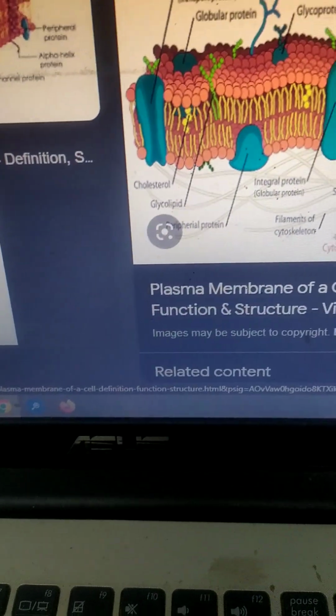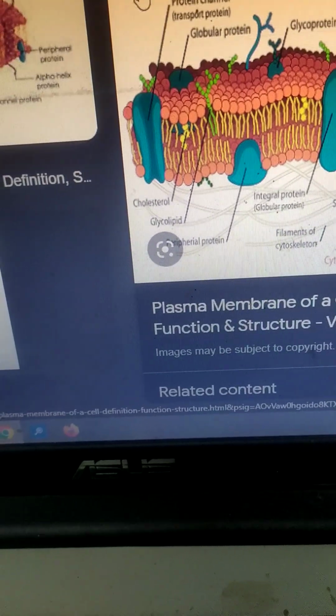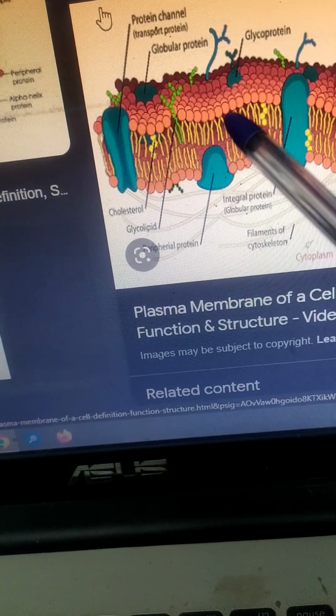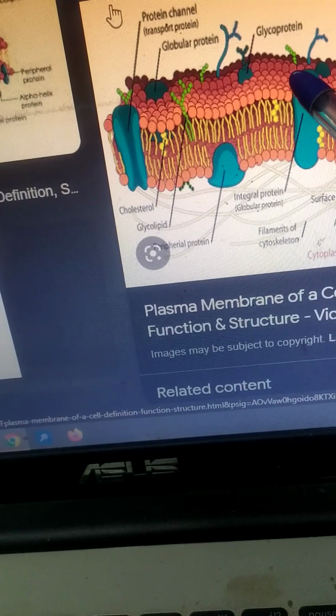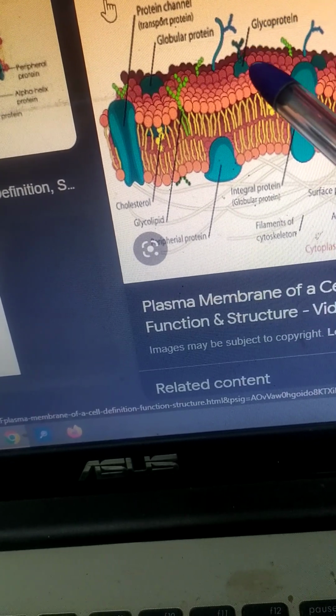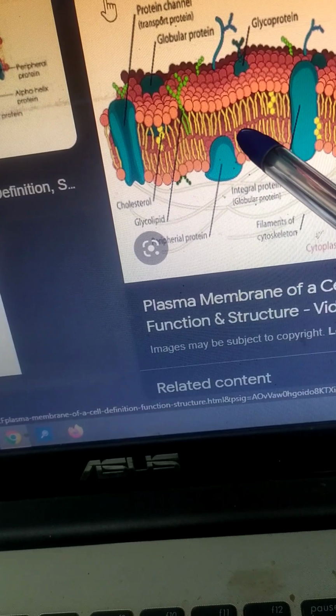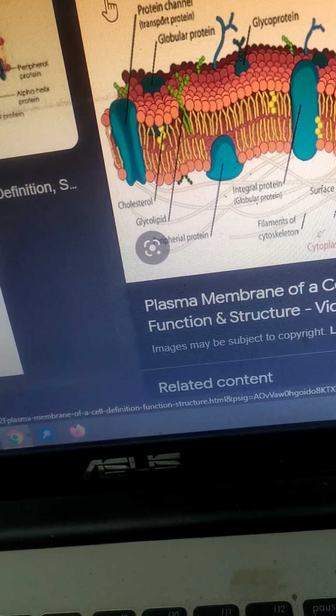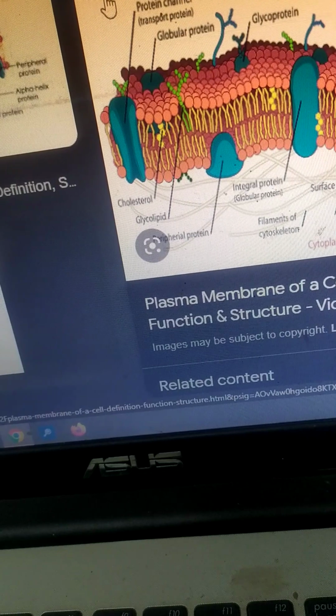In the outer membrane, the proteins which are attached to the outer part of the leaflet have low carbohydrate. Inner side there is no carbohydrate and the outer side there will be carbohydrate.